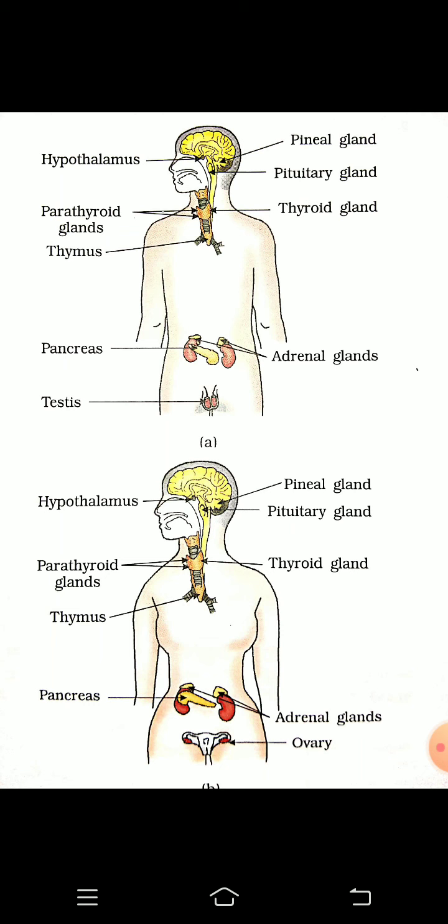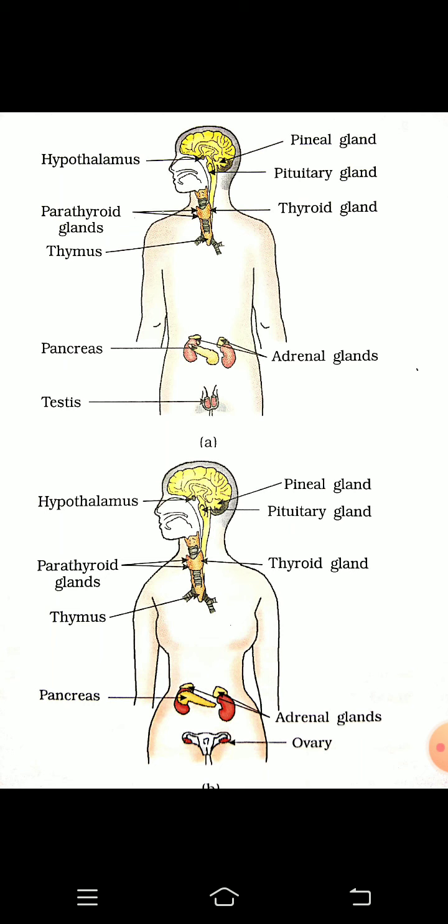Then there are ovaries in females which secretes estrogen, and it helps for development of female sex organs, that means female reproductive organs, as well as it regulates menstrual cycle. About this menstrual cycle we will learn in detail in chapter number 8 and 9. So this much you will remember for this.